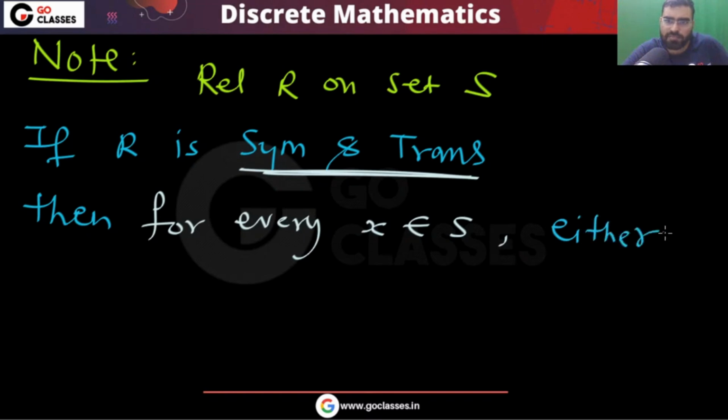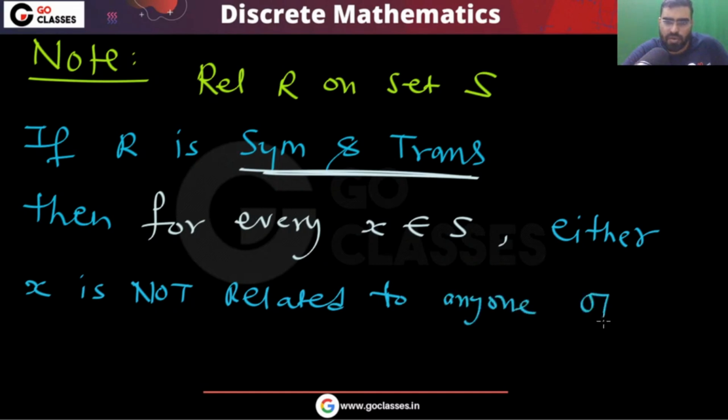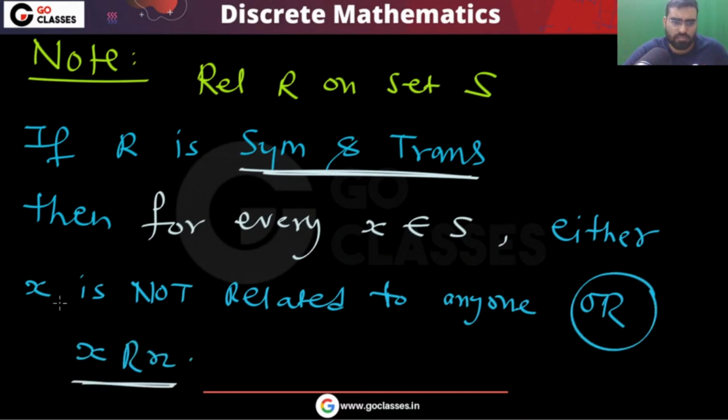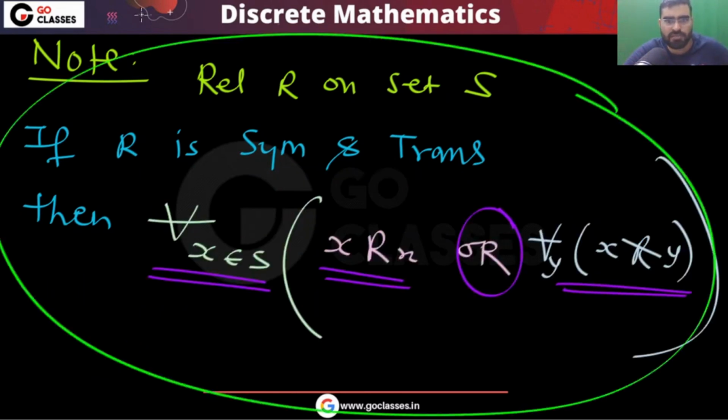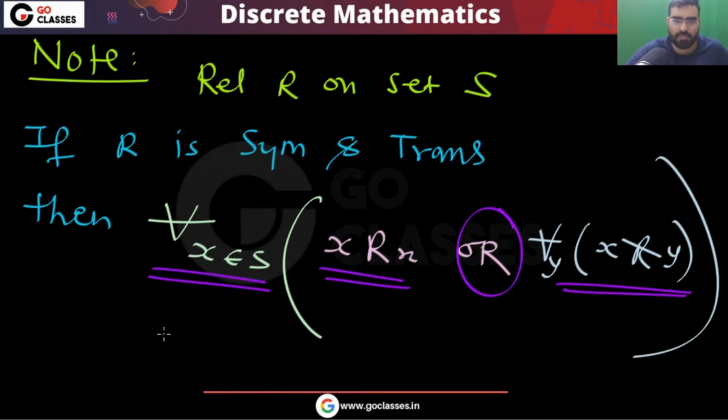Either X is not related to anyone, or X will be related to X. For everyone this will happen. Please tell me, did you understand this? Let me know. Did you understand this question?